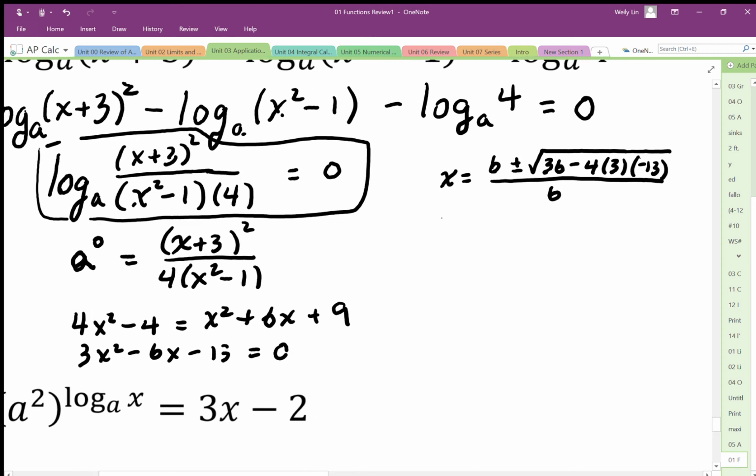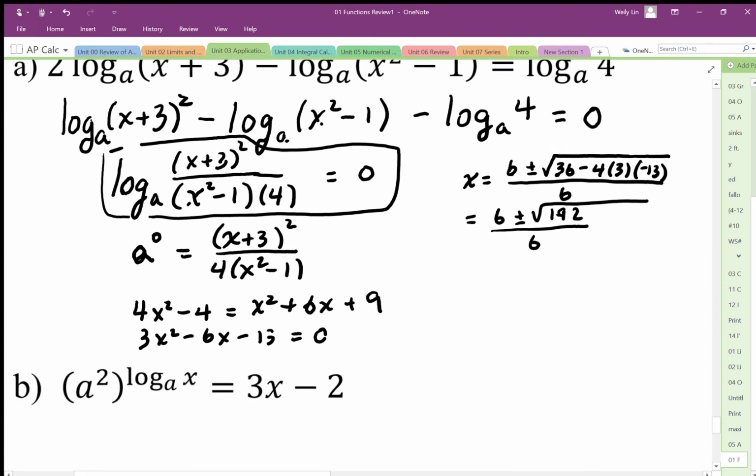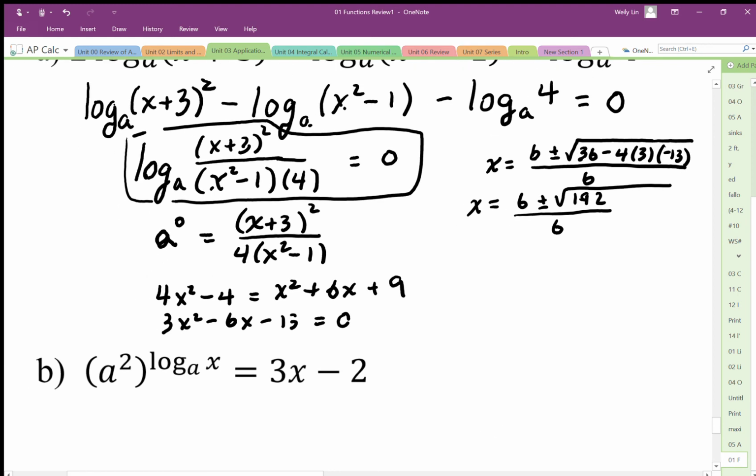Okay, so when I write this out, so that's going to be 12 times 13, which is 156, I think it is. Okay, so then it's going to be 36 minus negative 156, so that's going to be 192 all over 6. Okay, so there's our value of x, because since there's an equation, we went ahead and solved that.